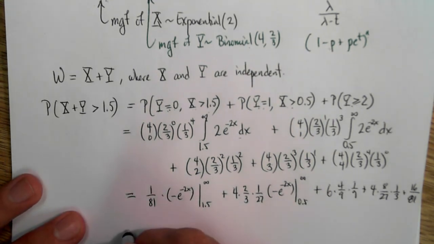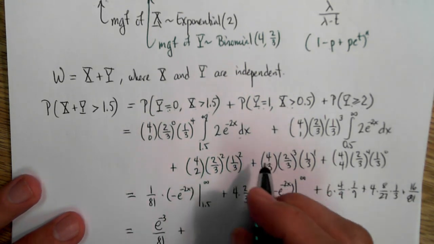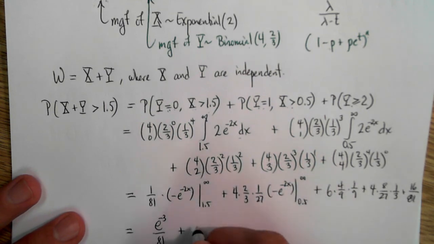Okay, so then it's just a matter of putting these pieces together. So this right here is e to the minus 3 over 81. This part here is going to be 8 over 81 times e to the minus 1.